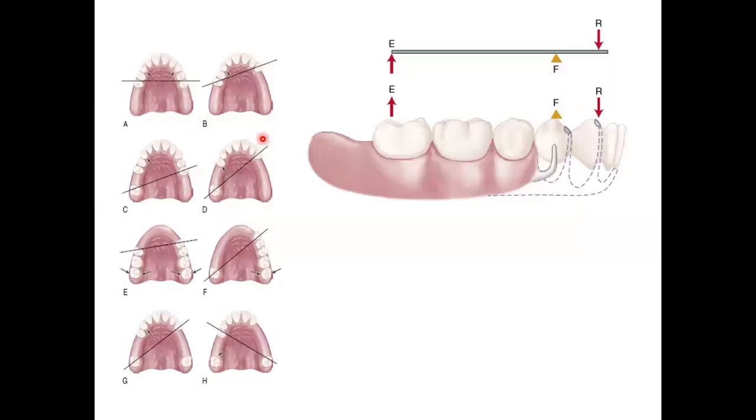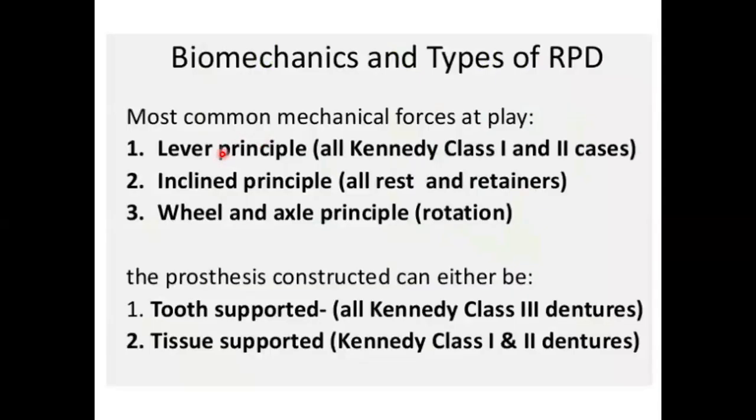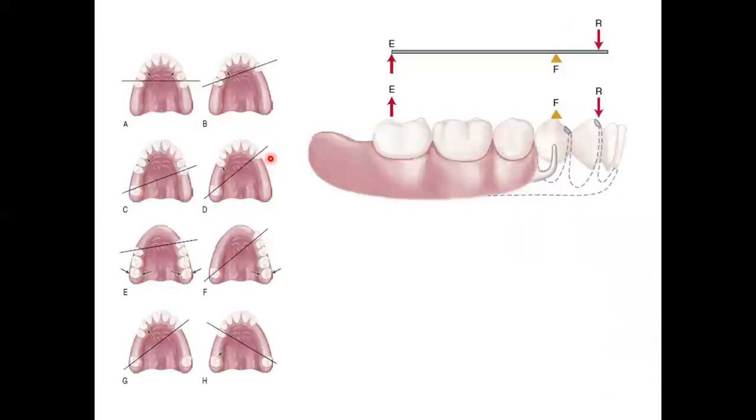When I discussed earlier, the most common mechanical force at play in Kennedy's Class 1 and Class 2 is the lever principle. This lever principle is based on the fulcrum lines that run around. You can see a fulcrum line here, here, here, here. You can see n number of fulcrum lines when the patient has a more edentulous region.